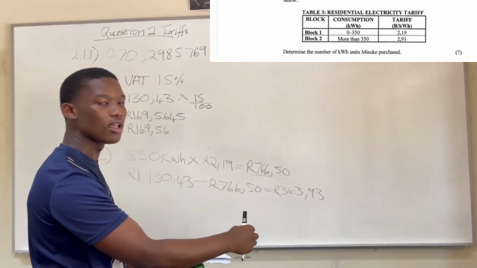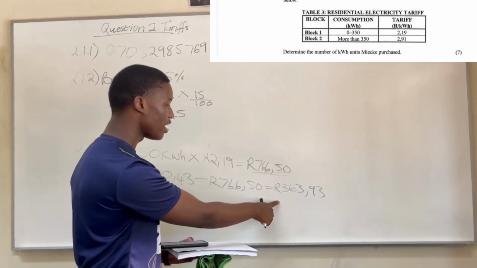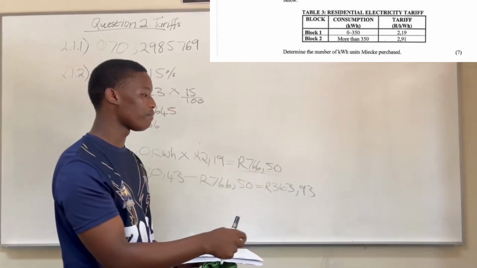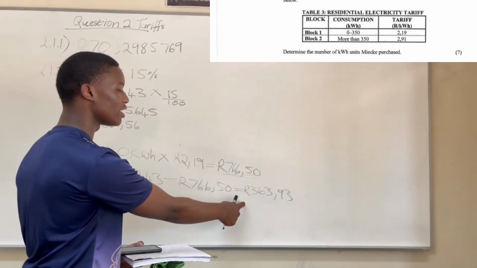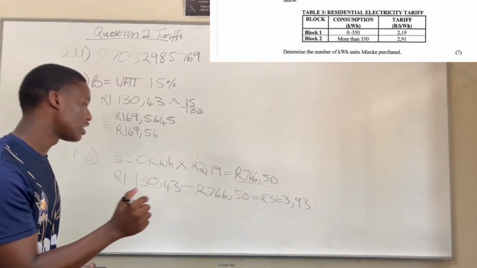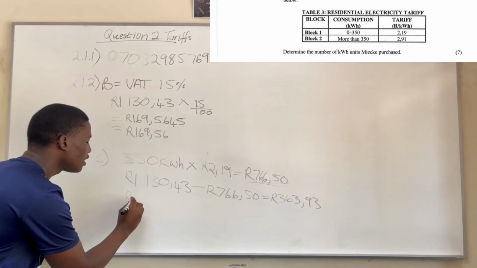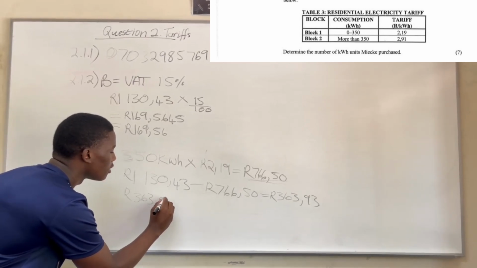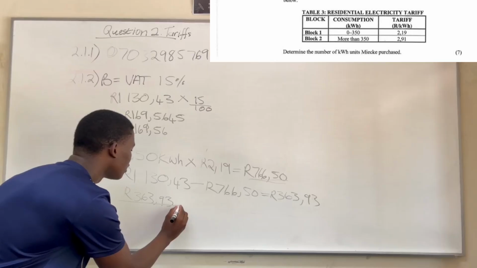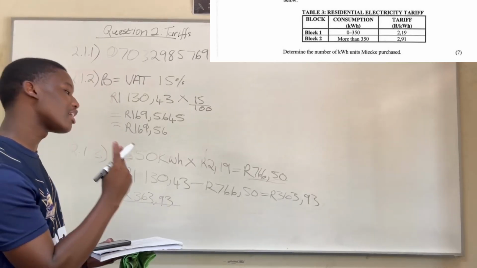So you know that now he paid 363.93 cents for the second block. This is how much he paid for the second block, right? Okay, I'm going to take that value, 363.93, and then divide it by the tariff of the second block.